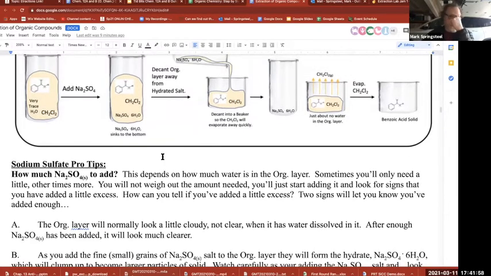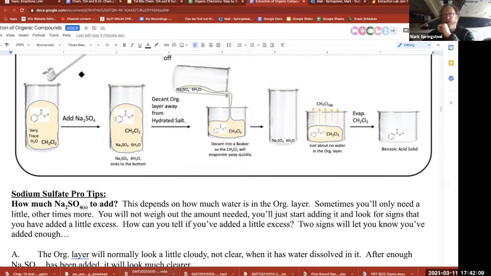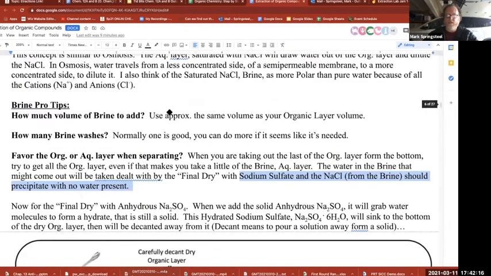For example, let's say Jesse had his organic layer and Elagosa had hers. Jesse might have more water in his. So I wouldn't say, okay, everybody add 50 milligrams of sodium sulfate, because it depends on how much water you happen to get when you were doing your extraction.